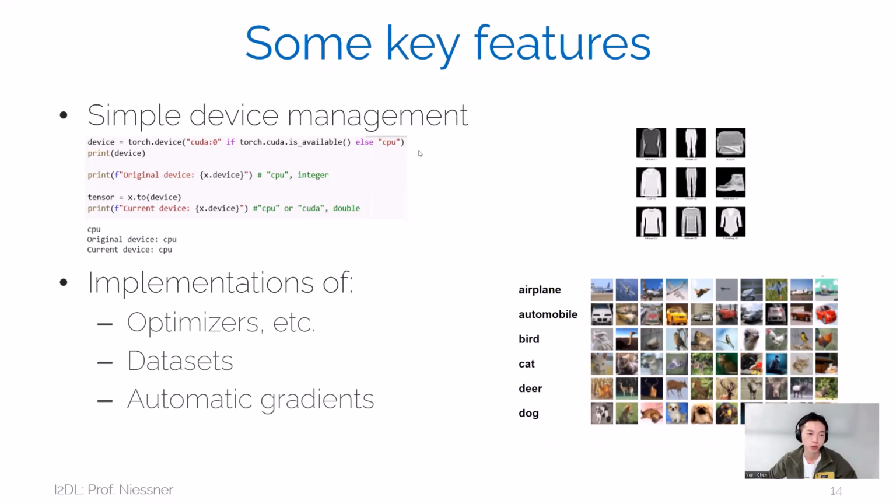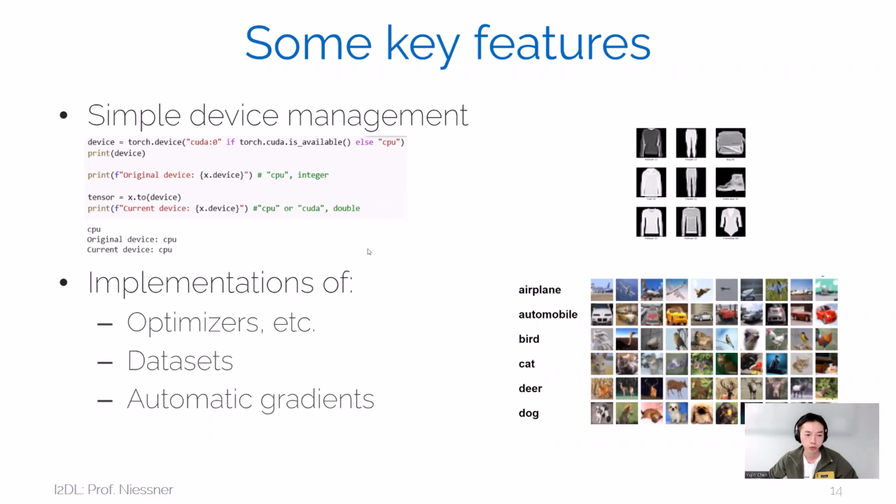Then what you need to do is put everything, your data and also your model, to the device you are using. You can simply use something like x.to(device) to put x on this device, and that simply manages the device you are using.